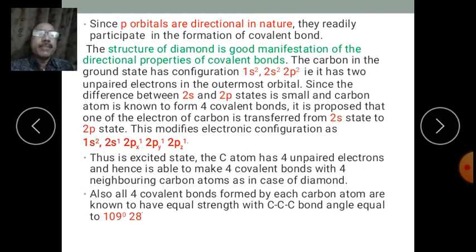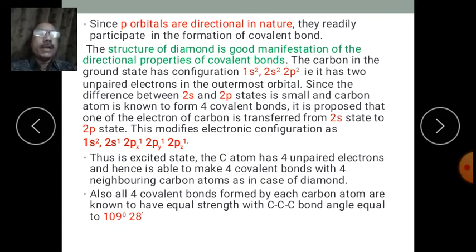Hence, it is able to make 4 covalent bonds with 4 neighboring carbon atoms, as in the case of diamond. So each carbon atom forms 4 covalent bonds with 4 neighboring carbon atoms. So it is a tetrahedron structure.